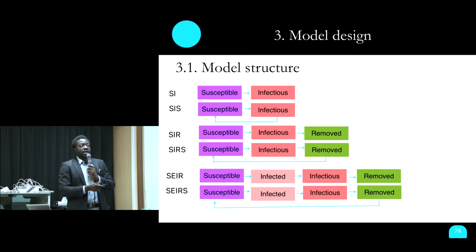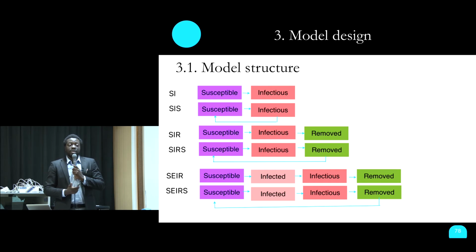We have the SIR, susceptible, infectious, removed. Removed here means you are maybe immune or maybe the person is dead. So in the mathematical notation, we say removed because you are removed out of the system, out of the infectious dynamics. The next one is SIRS.